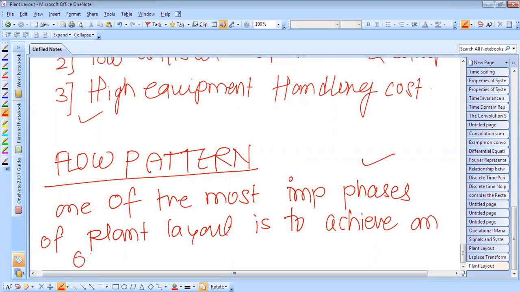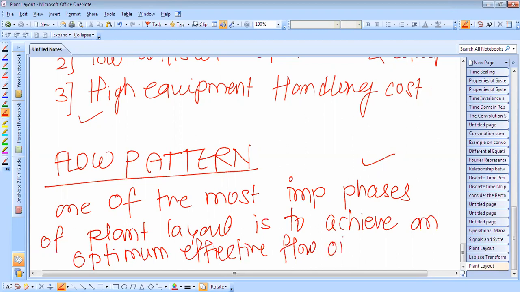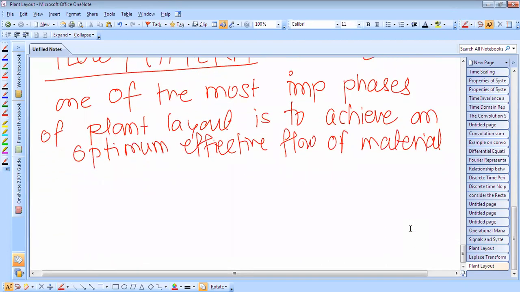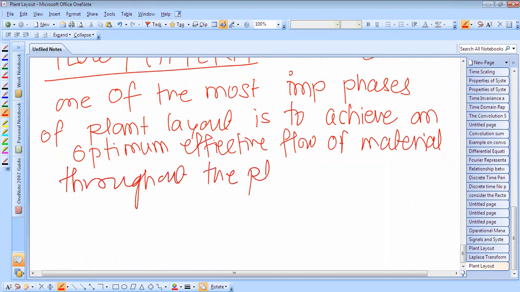So material should effectively flow over the sequence, throughout the plant.